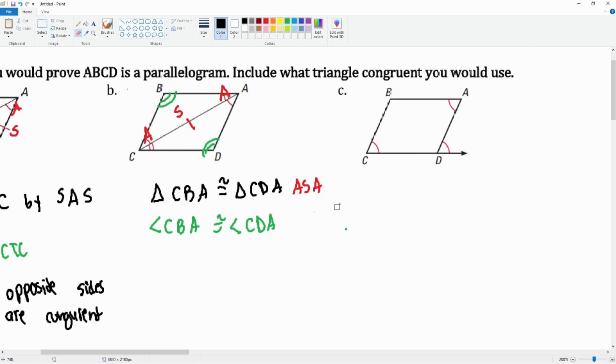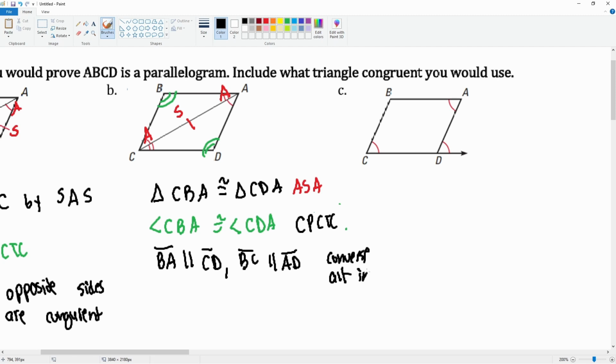This is by CPCTC. CPCTC. Then I get parallel lines. I can get BA is parallel to CD and BC is parallel to AD. And that is by converse of alternate interior angles.